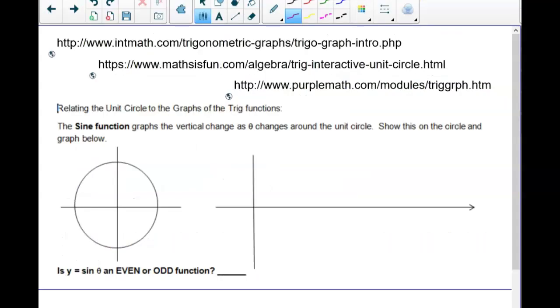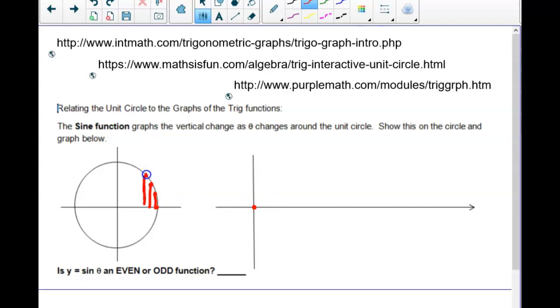So if I went back here and I did them in red, when I started here, as I rotate around, there is no up and down, right? So that's 0. As I rotate around the unit circle to here, the height gets a little bit longer. To here, it gets longer.